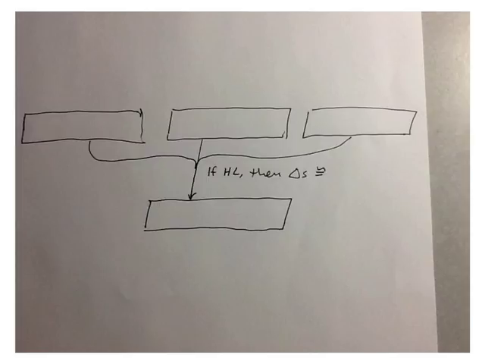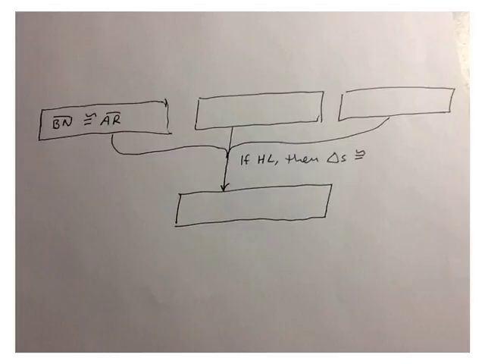The order in which we fill these boxes doesn't matter, but I'm going to start with the two legs. We were given that segment BN was congruent to segment AR, and so those establish our congruent legs. Now we don't have to show that these are congruent legs; I just wanted to indicate that they are congruent legs for you.